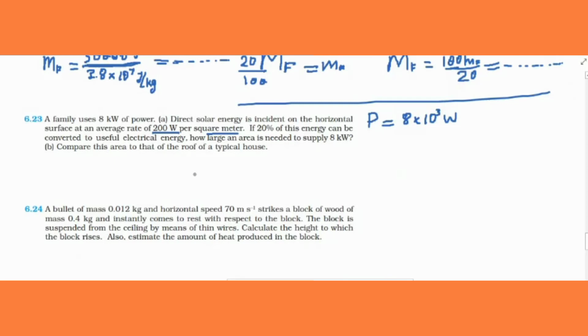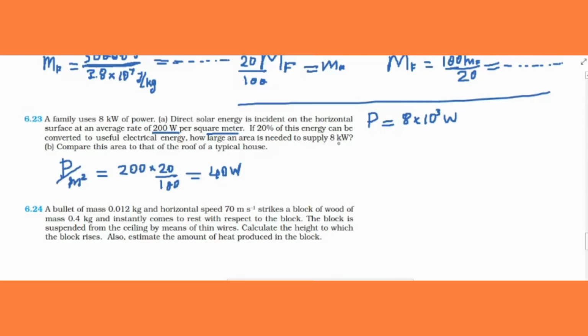That means what is the power obtained per square meter? We are getting 200 watts, but power per square meter will be 20% of 200. So you will get 40 watts. That means you can convert only 40 watts of solar energy per square meter.